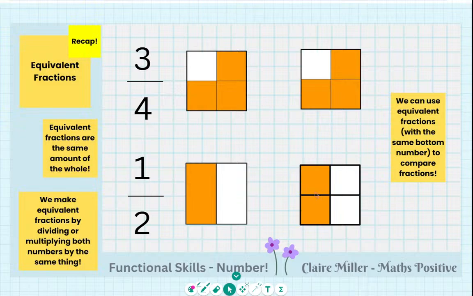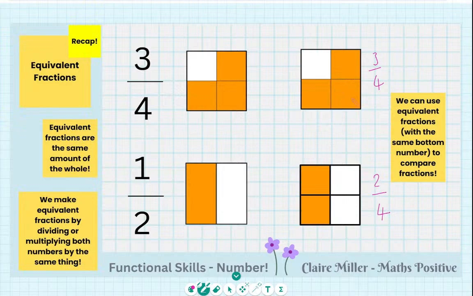Okay, once we have our fractions in the same sized pieces, so we could say that these are both quarters, aren't they? So we're thinking of these both in quarters. Once we have the same kind of fraction, we can compare them a lot more easily. So I could think of this as 3/4, and I could think of this as 2/4.